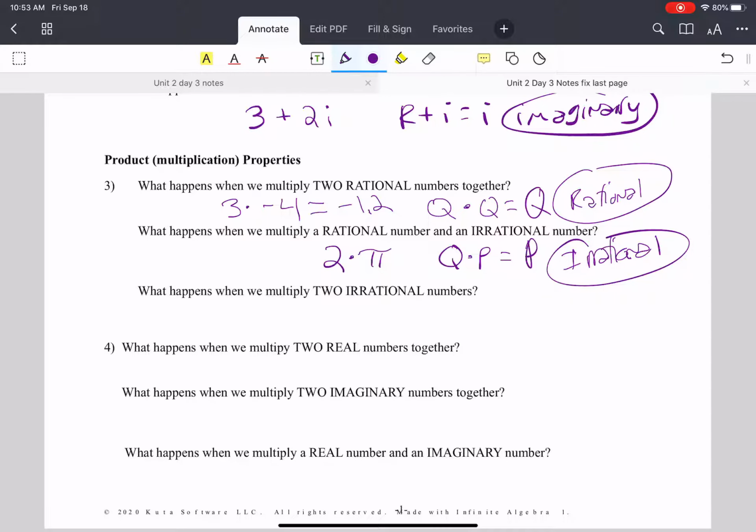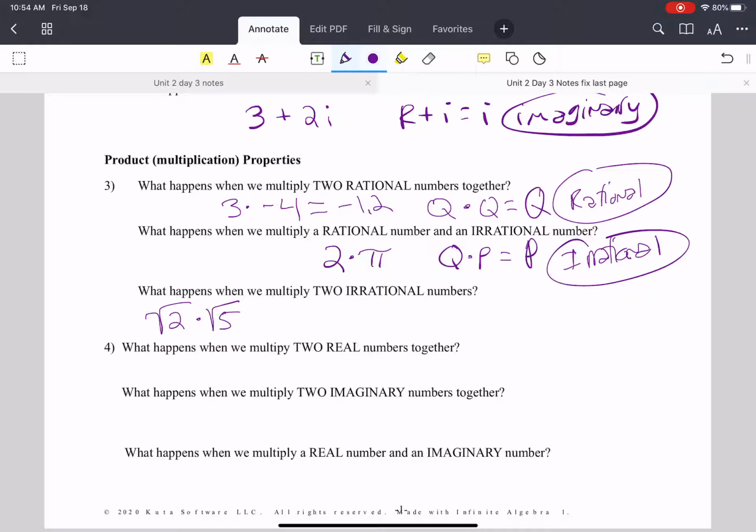Okay, what happens when we multiply two irrational numbers? So if I had the square root of 2 times the square root of 5. We talked about this last time. How can I simplify the square root of 2 times the square root of 5?